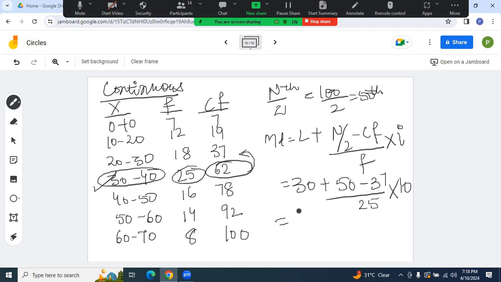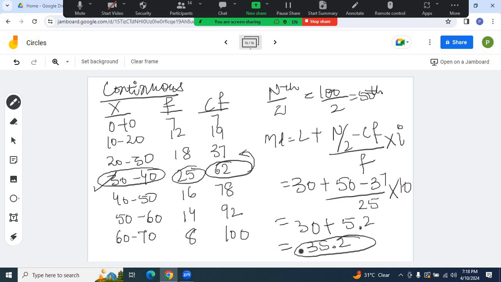If we calculate, 30 plus 50 minus 37, 13 into 10, 130 divided by 25, that is 5.2. So the median is 35.2.